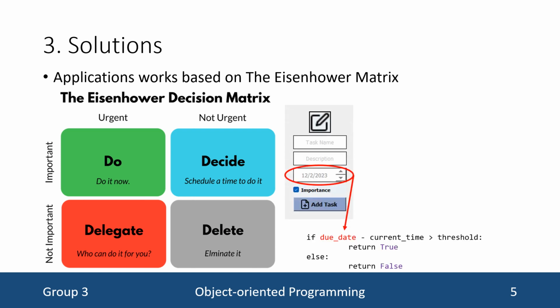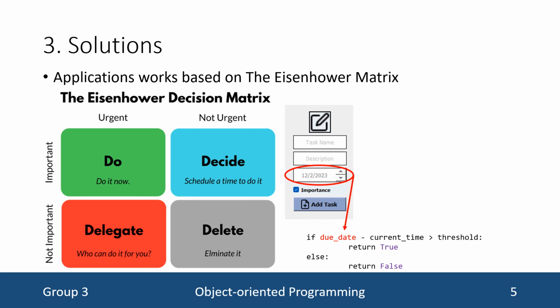With the same rules, you can enter your deadline. It will subtract the current time. If it is smaller than the threshold, it means that it's urgent, and otherwise it is not urgent. And you will tick whether it's important or not.